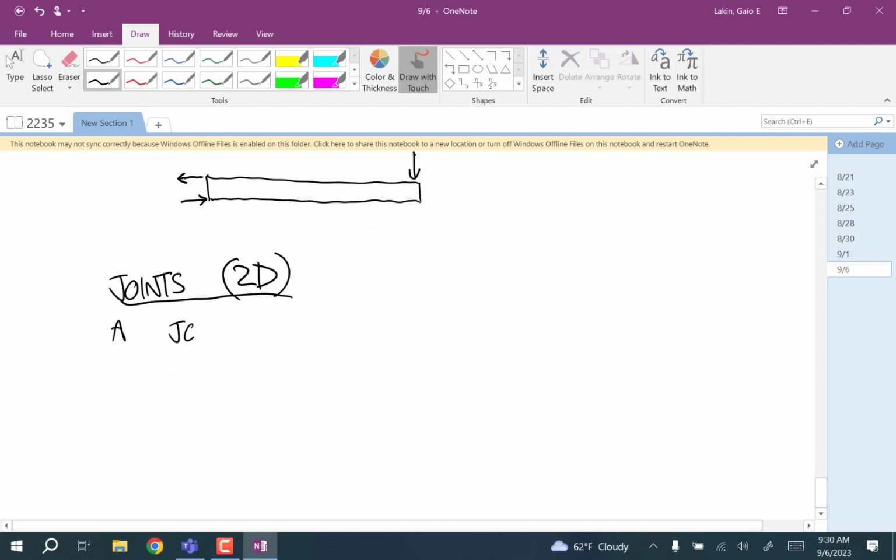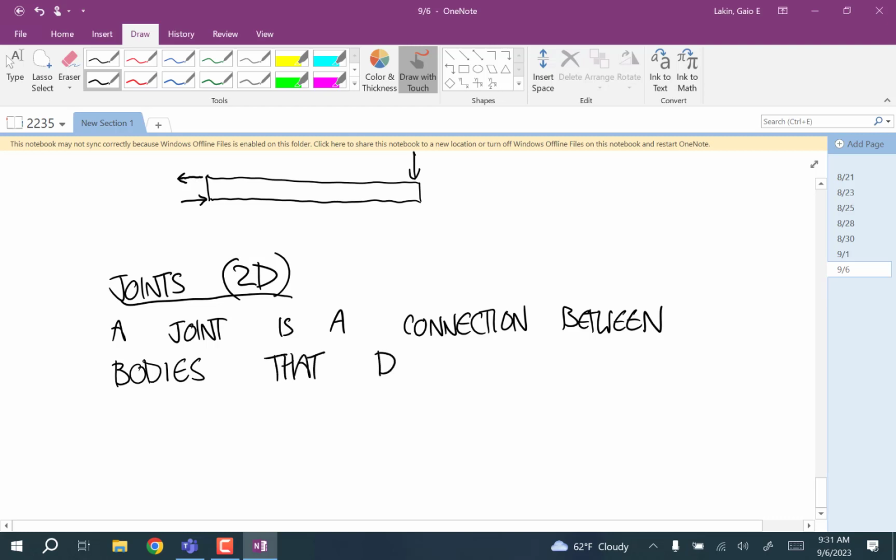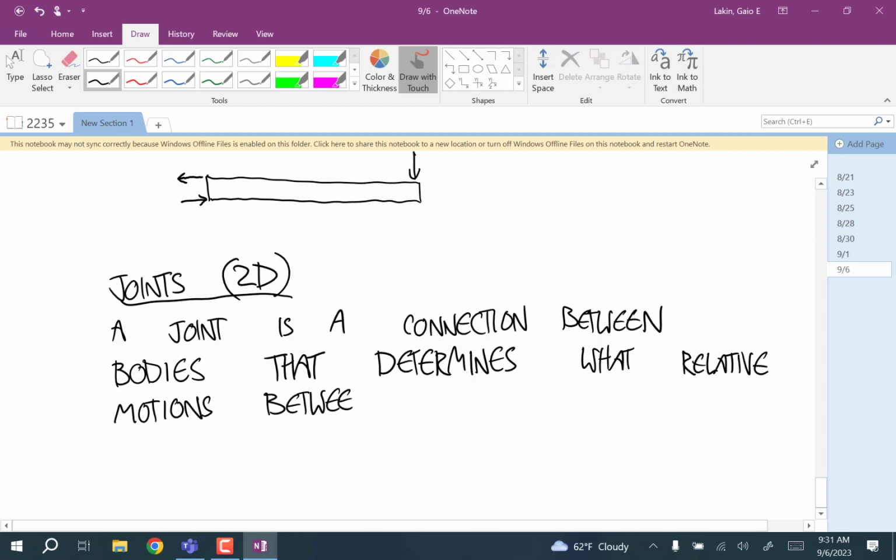A joint is a connection between bodies, and what it does is it determines what relative motions between bodies are disallowed.